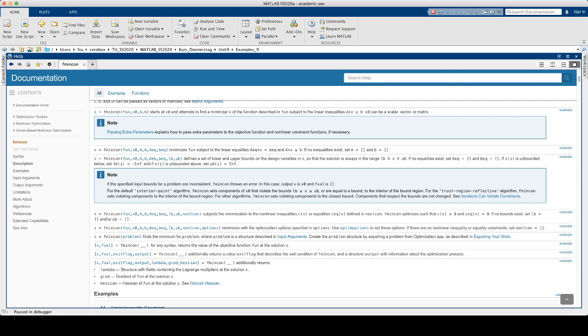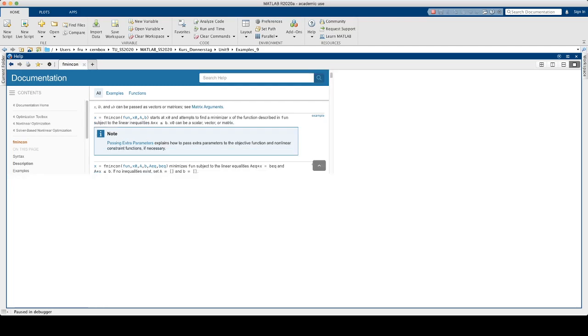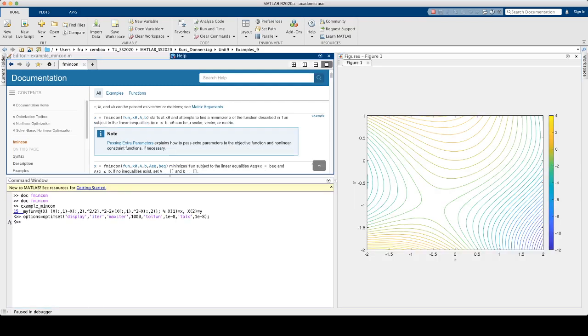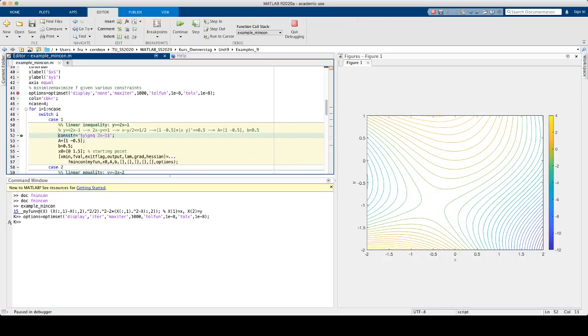Now let's see how we reformulate the constraint so that it has the prescribed form A times x less equal to b. So we return to the editor window.